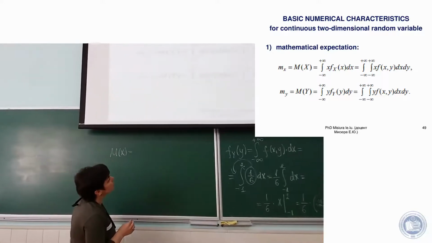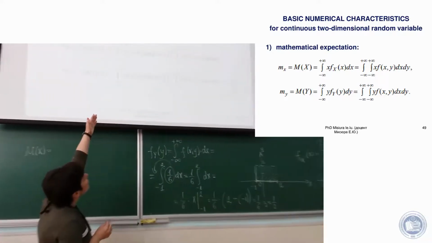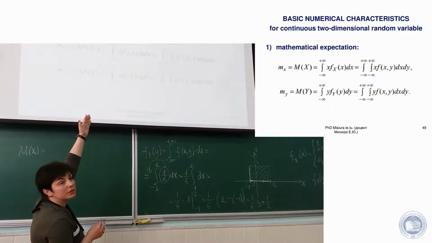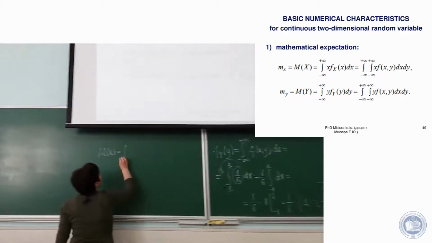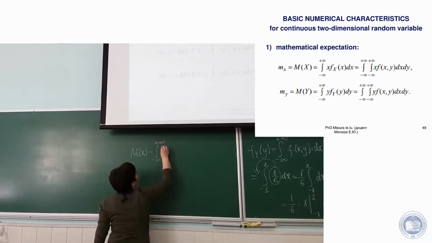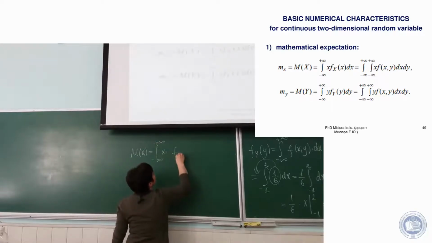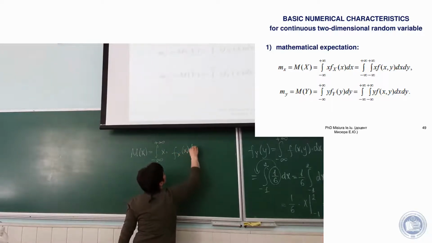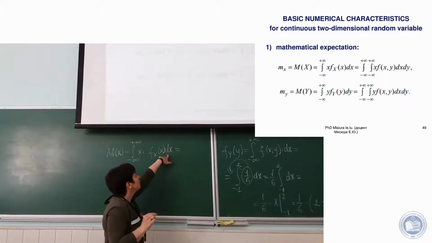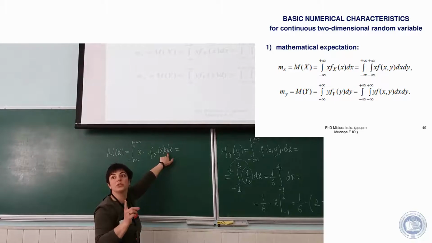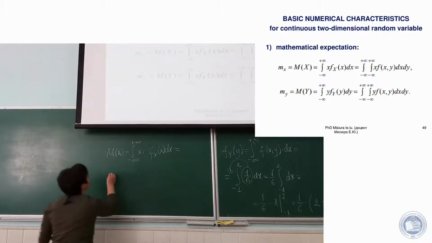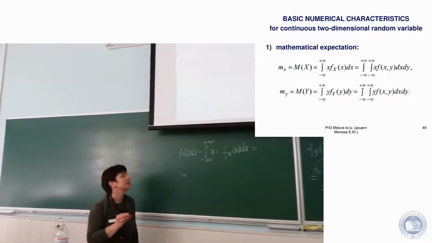Let's look at we have integral from negative infinity to positive infinity, x times f of x times dx. It means you need to use limits for variable x. Okay, let's find this mathematical expectation.